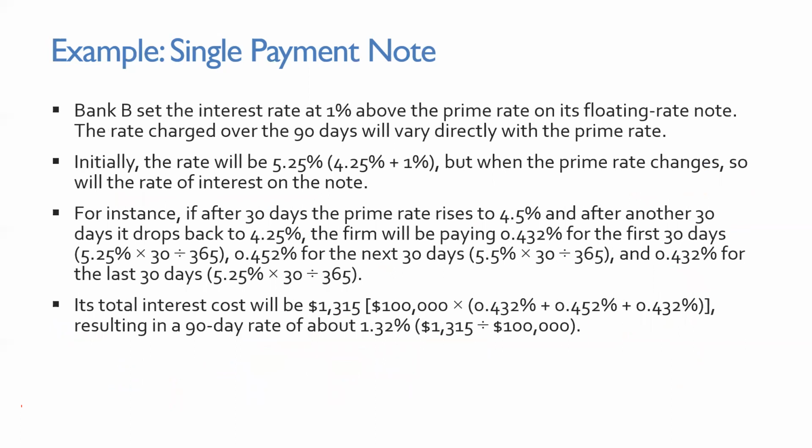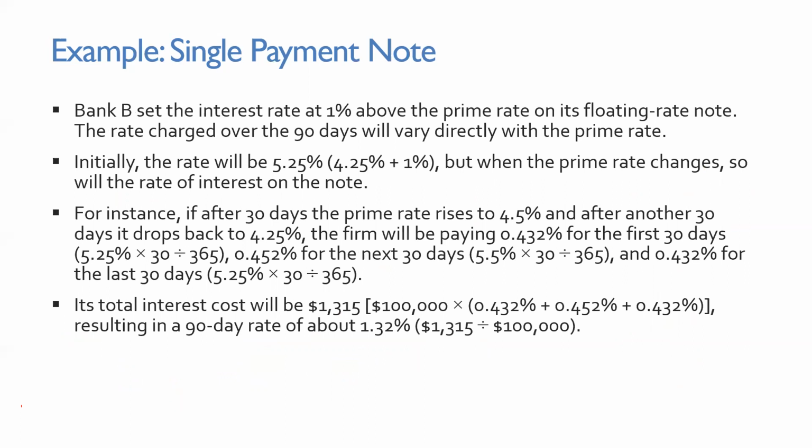So let's look at a different example. For example, Bank B naman. So Bank B set the interest rate at 1% above the prime rate, and it's a floating rate. Note, the rate charged over 90 days will vary depending on the prime rate every 30 days. Okay. Initially, the rate will be 5.25, but when the prime rate changes, so will the interest rate change on the loan.